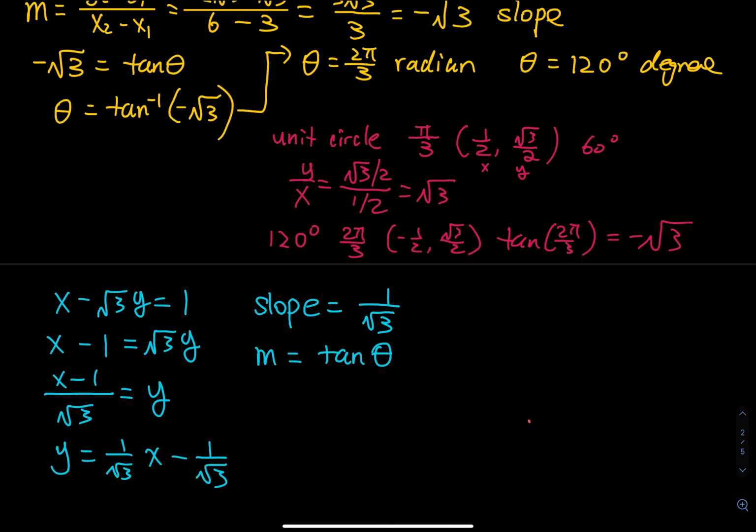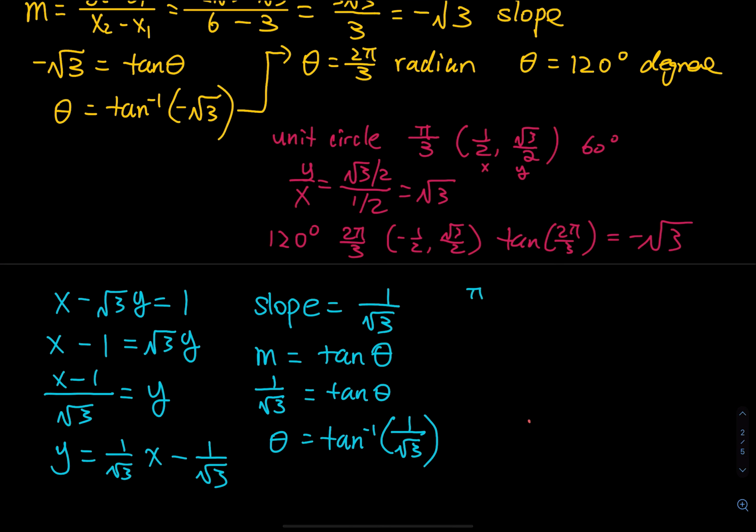Tangent theta, the slope, is equal to 1 over root 3, and that is equal to tangent of theta, and then theta is equal to inverse tangent of 1 over root 3. Now, we have to think which point gives me this. Based on your knowledge of the unit circle, at pi over 6, the point is (root 3 over 2, 1/2).